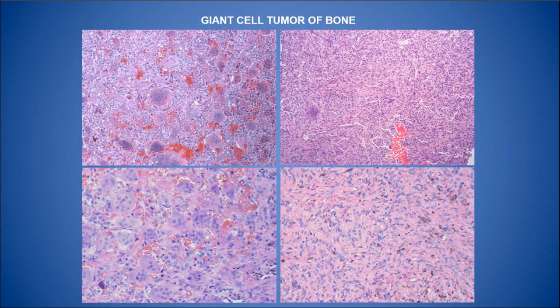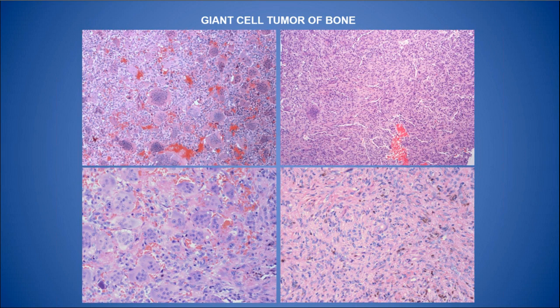The giant cells of giant cell tumor of bone can be quite large. Many times you can see cells that contain more than 30 nuclei in one section, which is in contrast with the size of a normal osteoclast, which will only have about 8 to 12 nuclei.